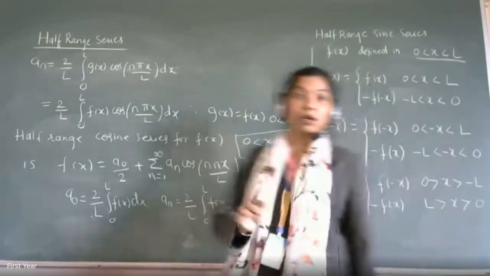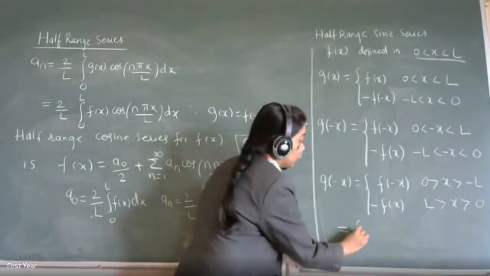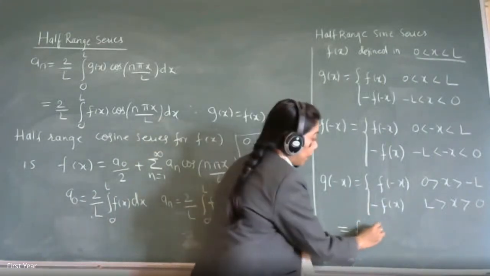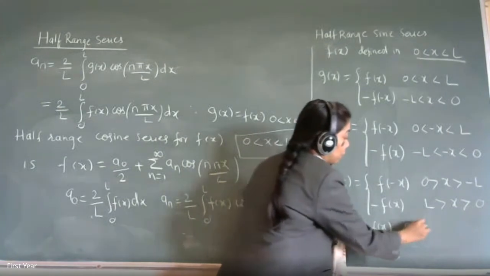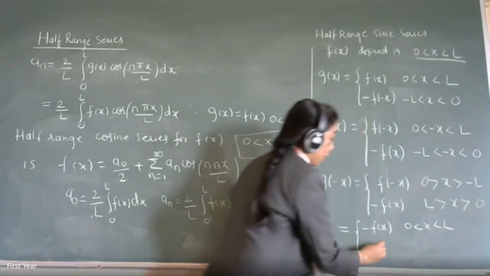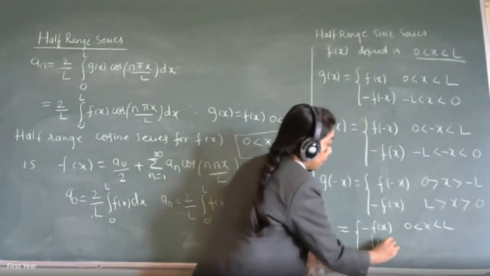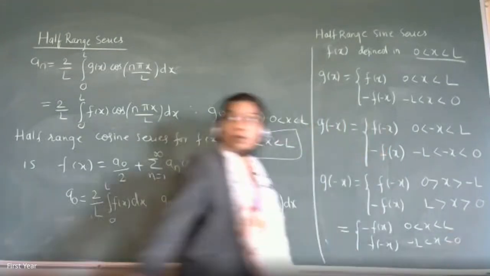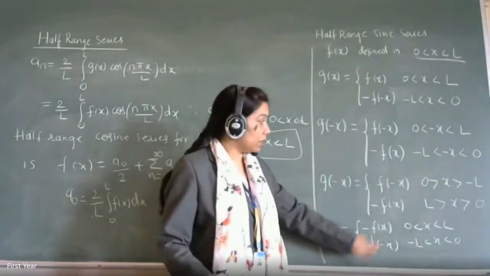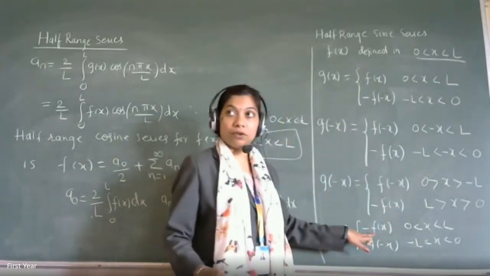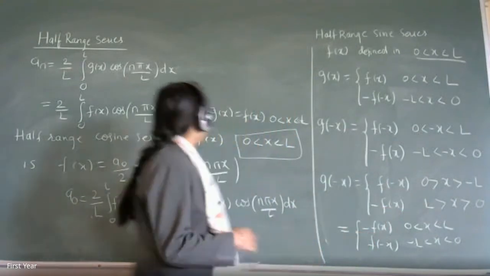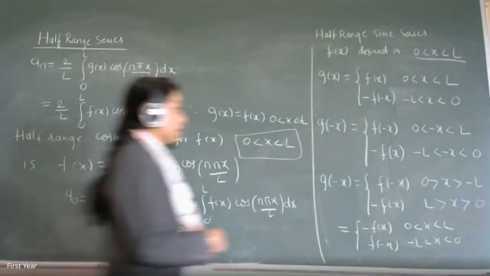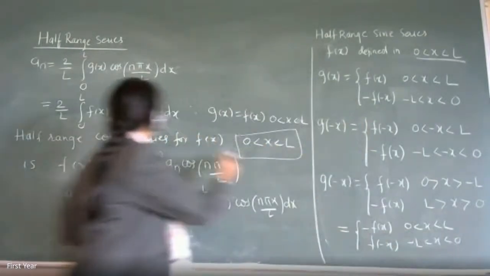Rewrite it in the form: it is minus f of x for 0 less than x less than l and f of minus x for minus l less than x less than 0. First one I have written here, and second one I have written first. Okay. Now you take minus common outside.